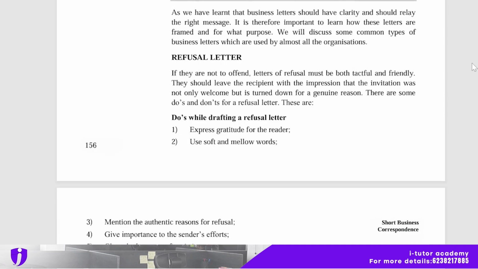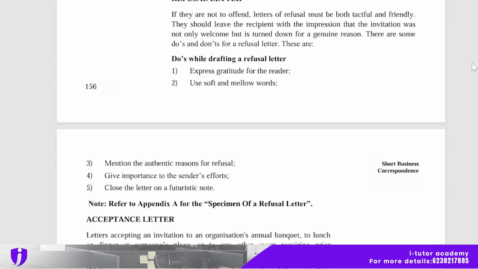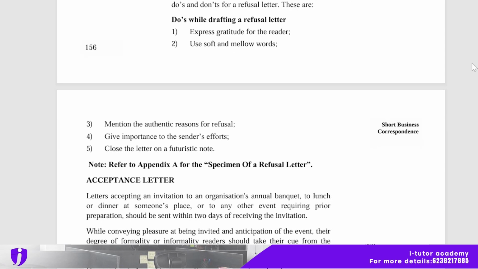If they are not too frequent, letters of refusal must be both tactful and friendly, and they should leave the recipient with the impression that the invitation was not only welcome but was turned down for a genuine reason. There are some do's and don'ts for a refusal letter. These are the do's: express gratitude to the reader and use soft and mellow words, mention the authentic reason for refusal and give importance to the sender's effort, and close the letter on a futuristic note.